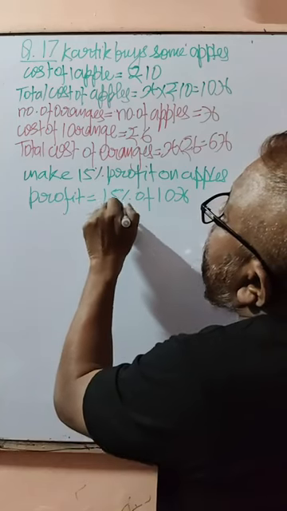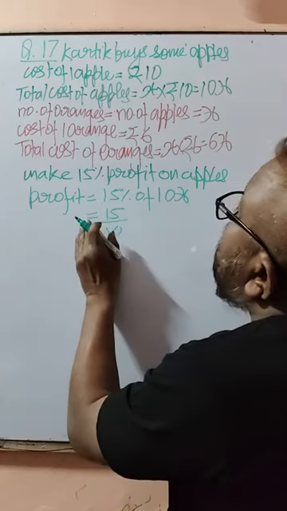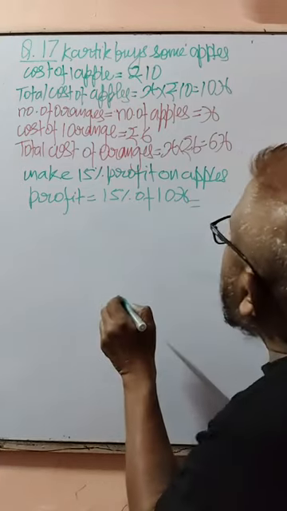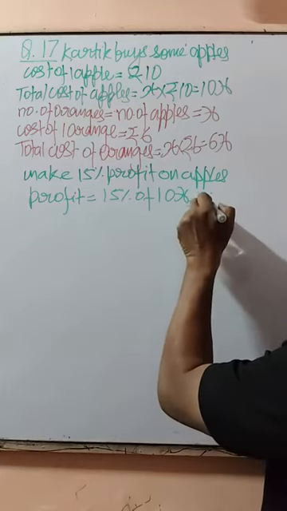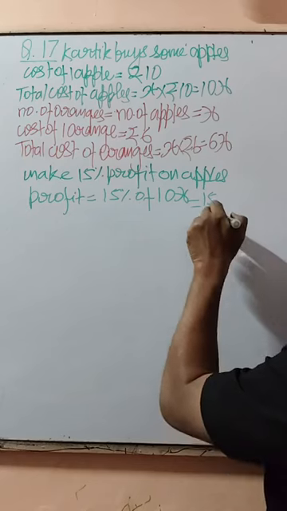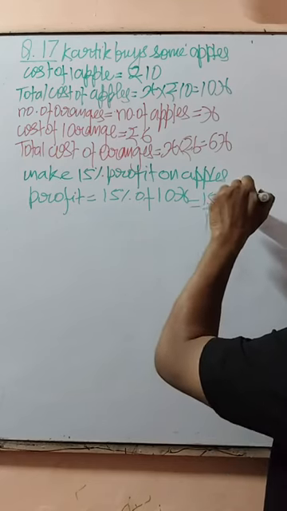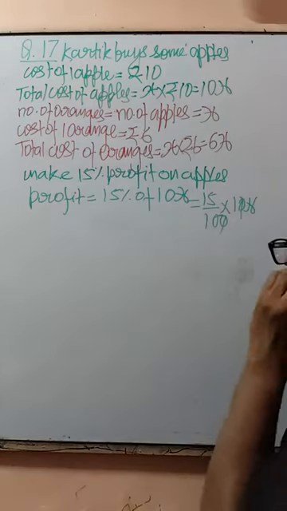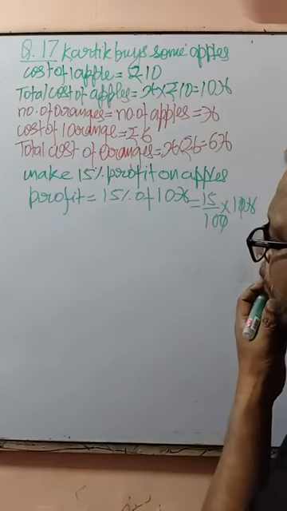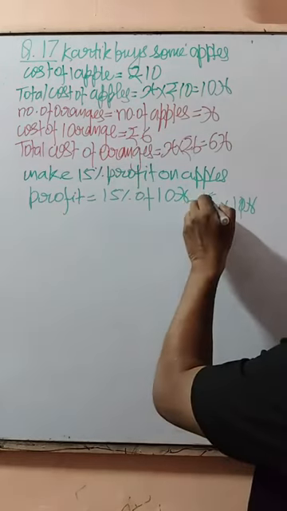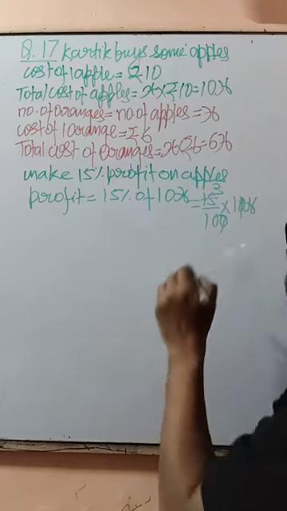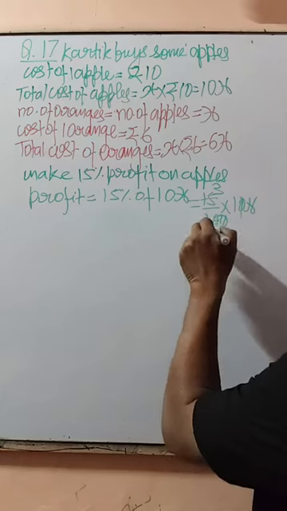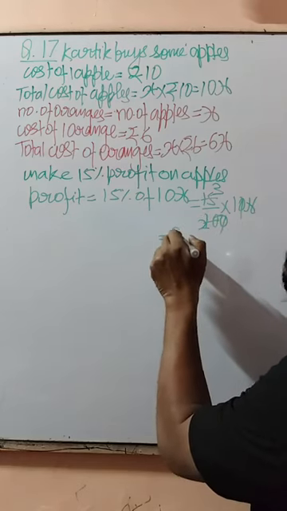Yes, sir. So 15 upon 100 into 10x. 100 cancels. 3 times 5 becomes 15, 2 times 5 becomes 10. So his profit is 3x by 2.